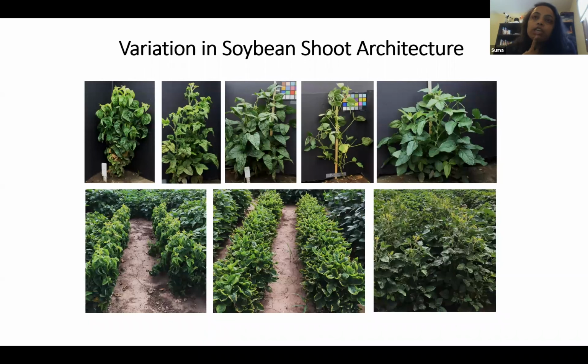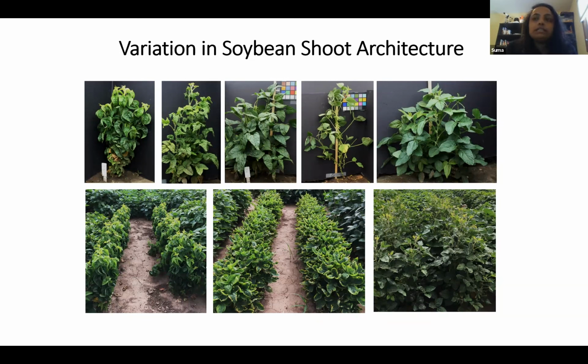So, Aaron showed you these huge fields and fields of canopies, and they look pretty uniform. But in fact, what you see mostly when you go out in the fields is one variety that's grown because it's high yielding. But in soybean, there is a huge variation in shoot architecture, and I just wanted to show you a snapshot of some of the ones that we're growing out right now.